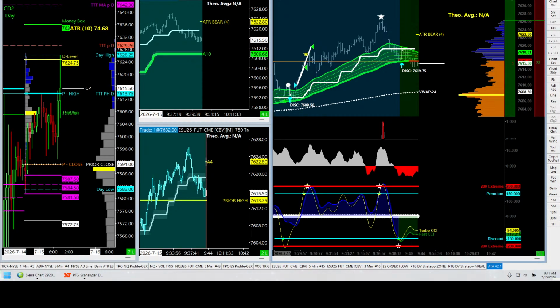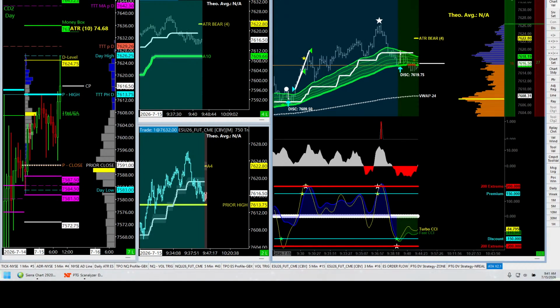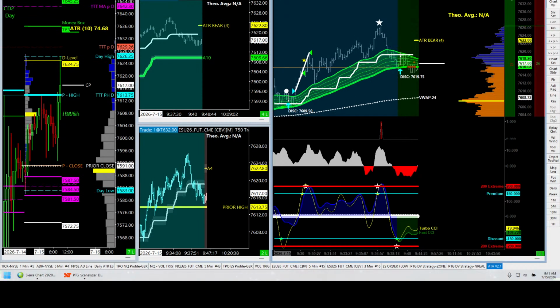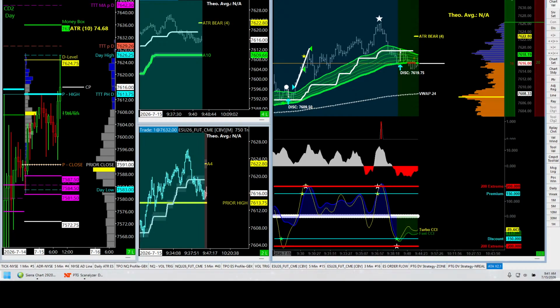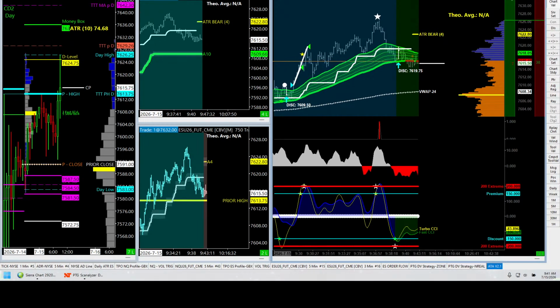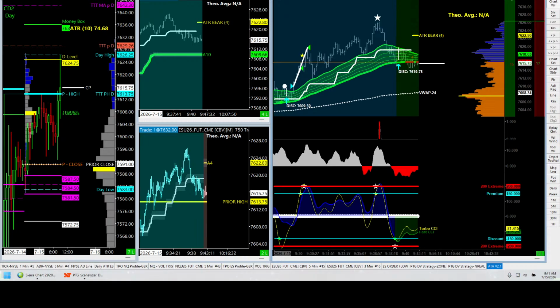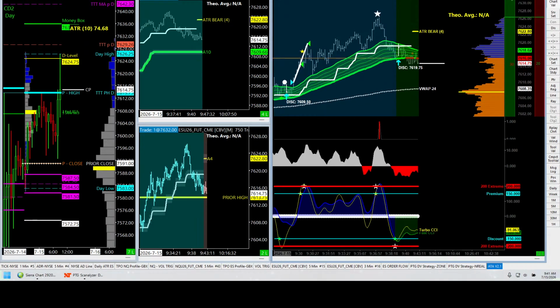What you want to do is keep the cycle as a guide. It's not pinpoint accurate, like, it's on this cycle and I have to do this. You've got to be flexible to what the cycle is designed to do. So cycle day 1 is designed to establish a low.